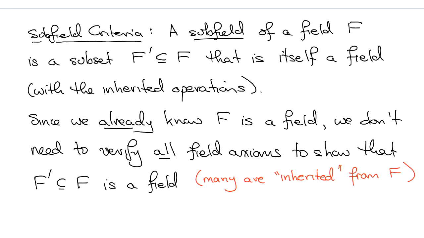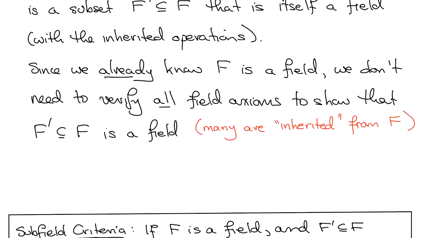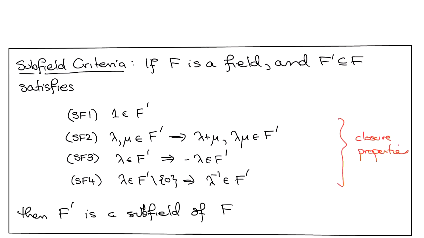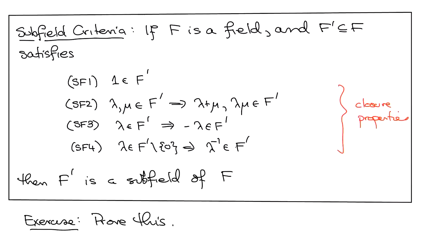The point is that because F is already a field, you don't have to check a million axioms, you just have to check a few smaller ones. Yes, you should remember this, but it's more for mentally making a quick decision on whether something is a subfield or not. You're essentially checking closure, and we better check closure under the 2 inversion operations, additive and multiplicative inverse.